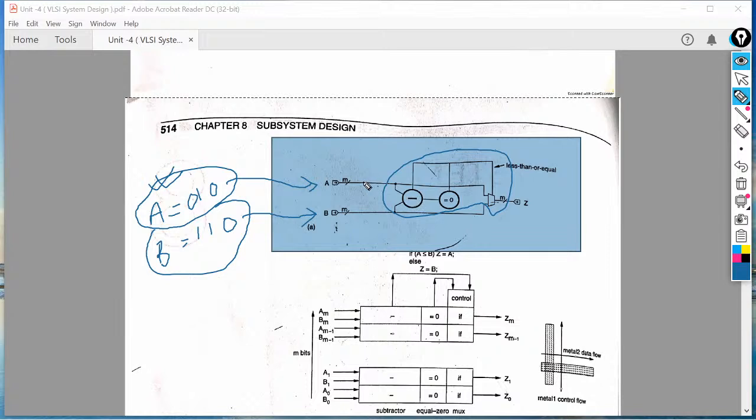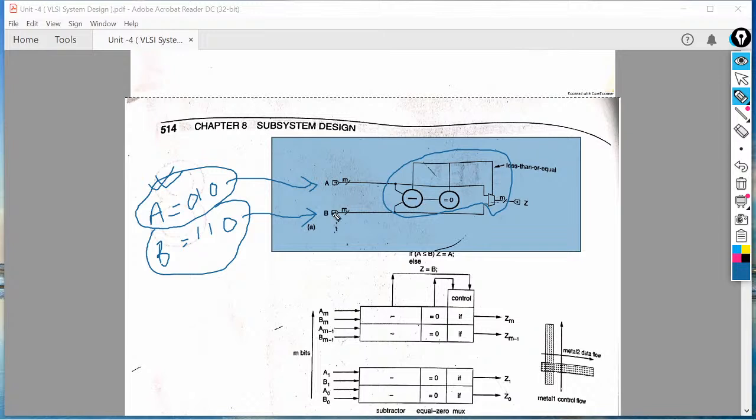If I explain again, here we provide the value of a, and from this port we provide the value of b into the subtractor circuit, and this subtractor circuit performs the operation of subtraction. And if the value of a is less than b or equal to b, then it provides the output value to this multiplexer.